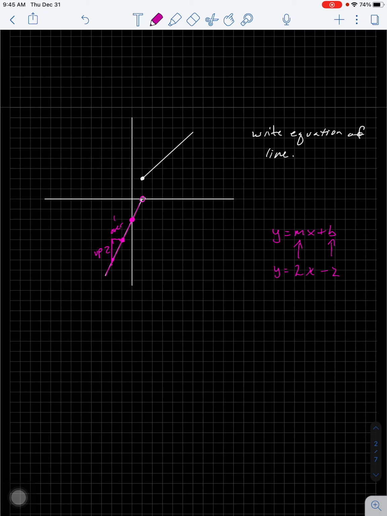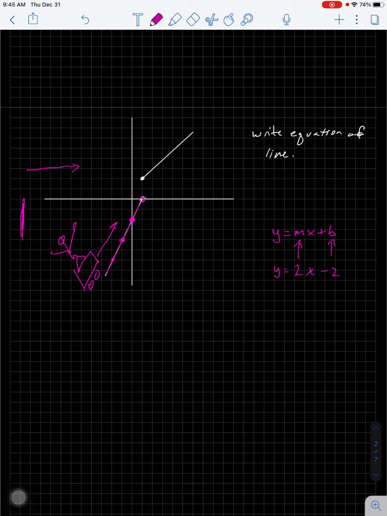Now, as far as the sign of the slope, how do you know if it's positive or negative? We always read graphs left to right. The way I think of it is a graph is a roller coaster. So you always get on the roller coaster on the left-hand side, way over here. Here I am on the roller coaster, and the question is, am I going up or down?